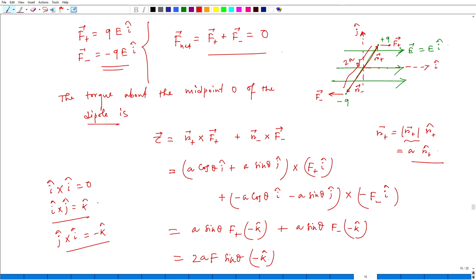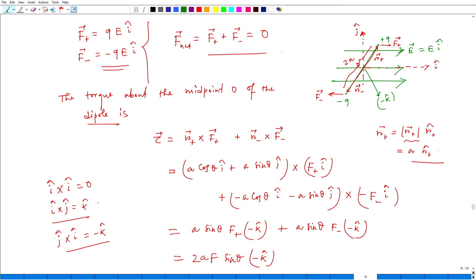The direction of the torque is perpendicular to the plane, downwards, not upwards, so in the direction minus k cap, downwards from the plane.